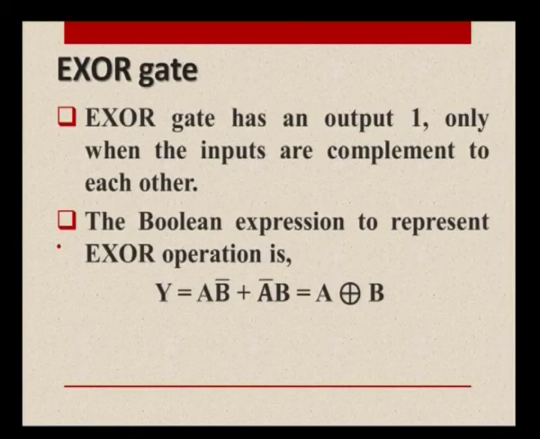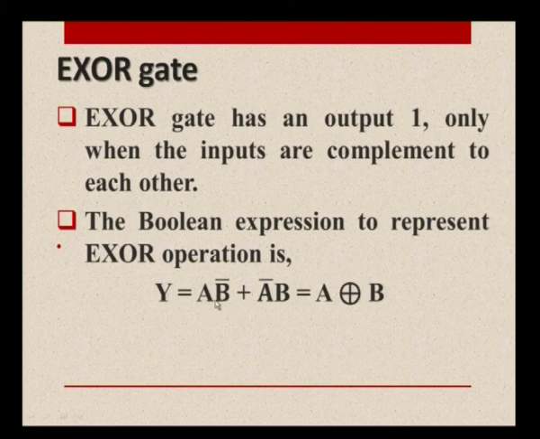Let us now have a look at the special operation called XOR operation. The XOR gate has an output 1 only when the inputs are complement to each other. The Boolean expression to represent the XOR operation is given like this: y is the output.